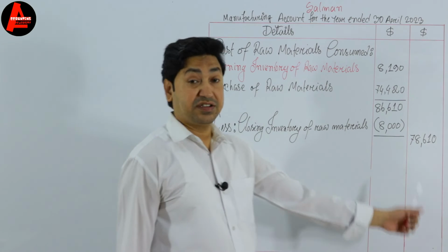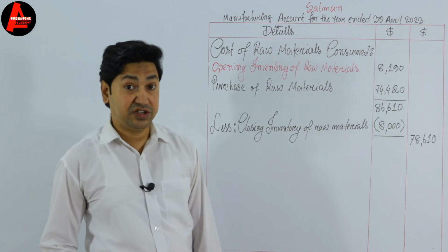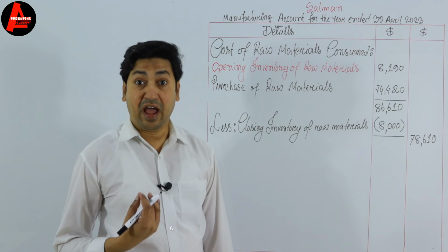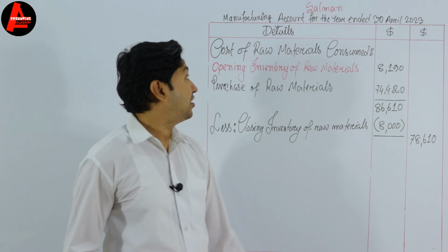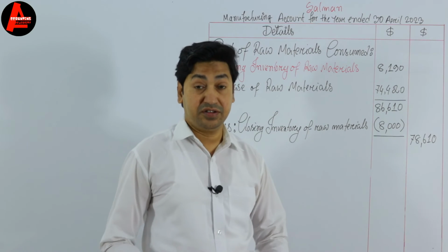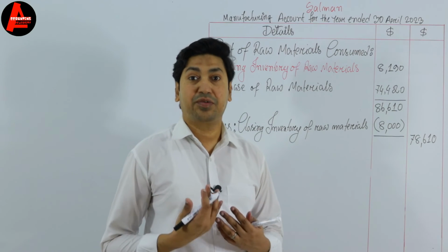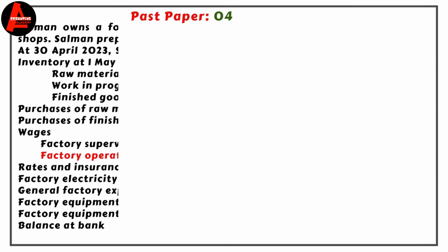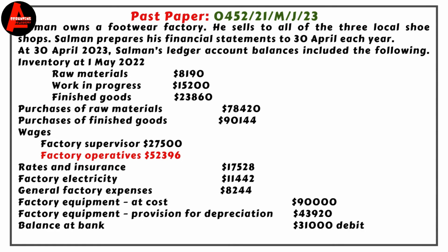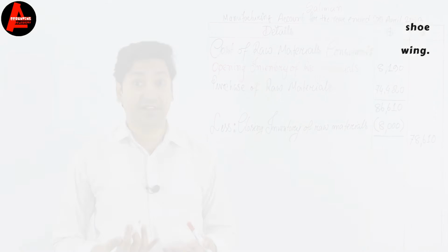So now we calculated our cost of raw materials consumed. It is $78,610. Now what to do? Now we will add direct labor to the cost of raw materials consumed, okay, to get prime cost. On the question we have wages, factory supervisors $27,500. Okay, it is indirect labor. It is actually factory overhead. Then we have factory operatives $52,396. Okay, this is direct labor.